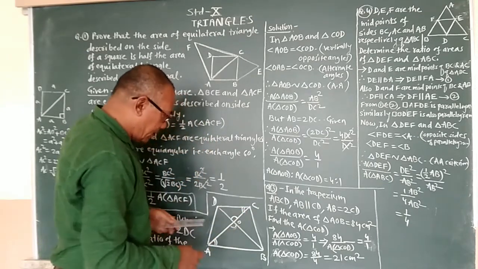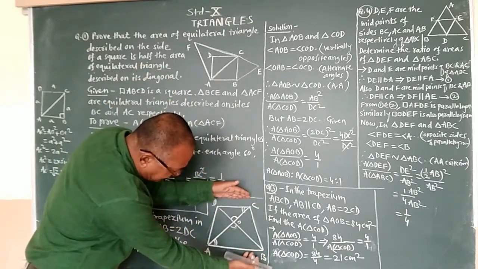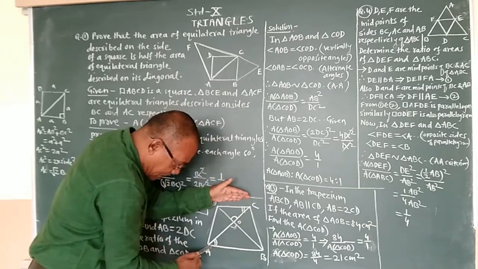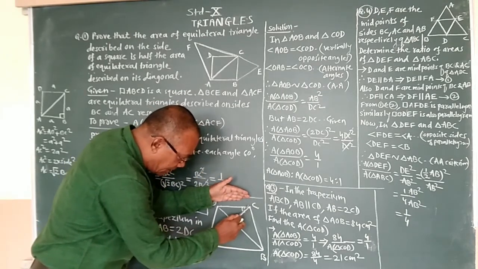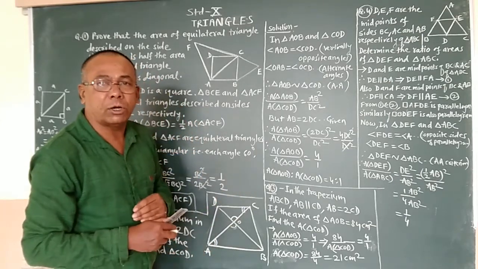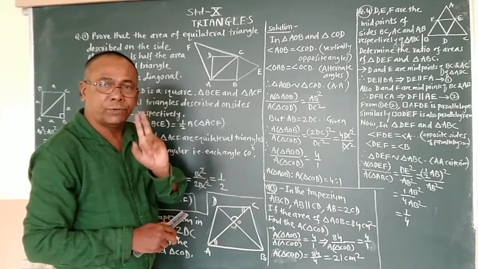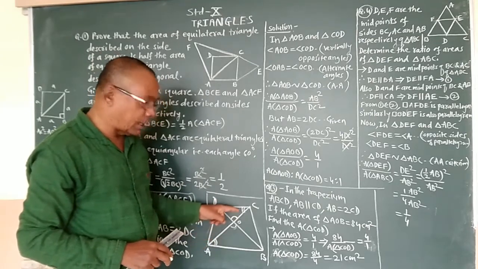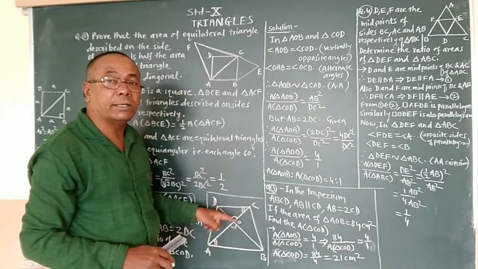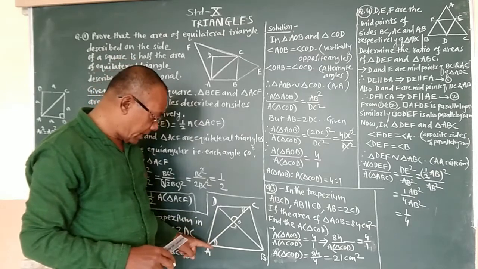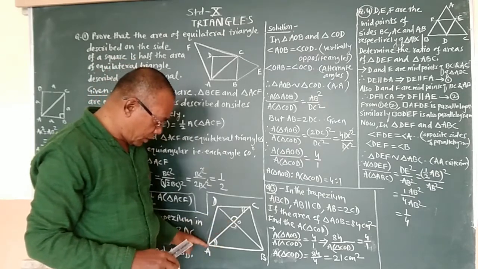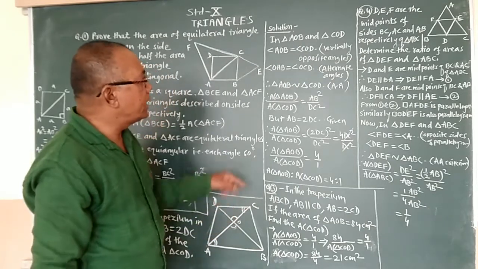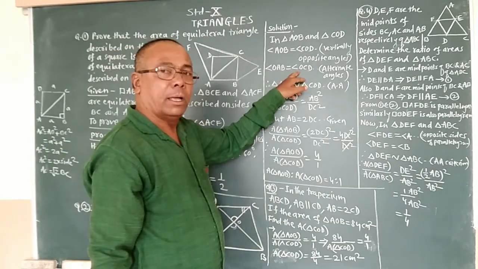We know that the opposite sides AB and DC are the parallel sides, and AC is the transversal, and due to the transversal the pair of alternate angles are equal to each other, and therefore angle OAB and angle OCD both are equal.